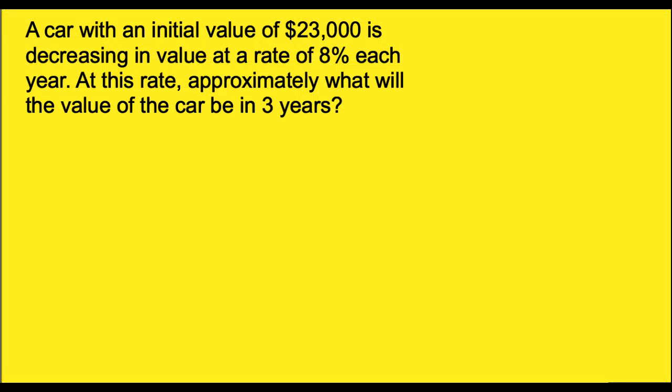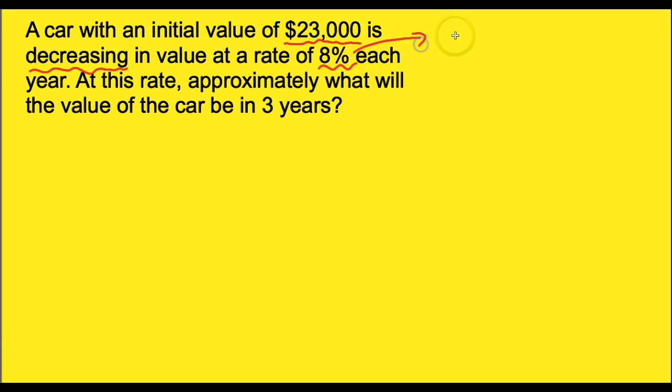The first thing I want to work with you on is this question here. A car with an initial value of $23,000 is decreasing in value. So we know we have to subtract what? 8%.